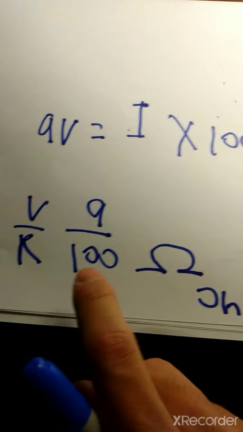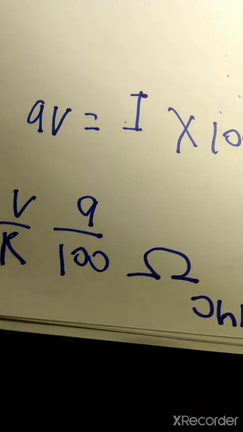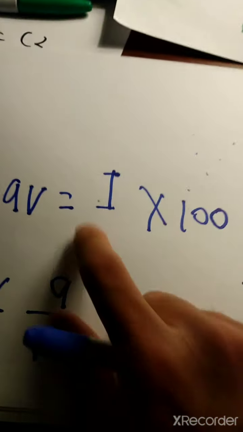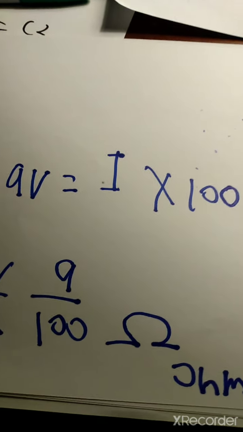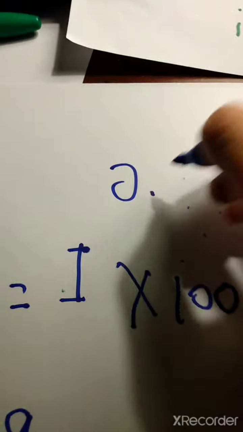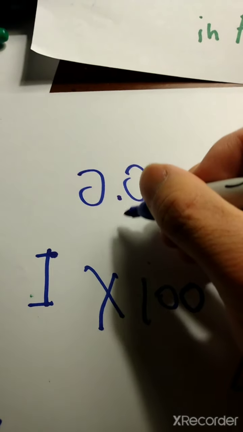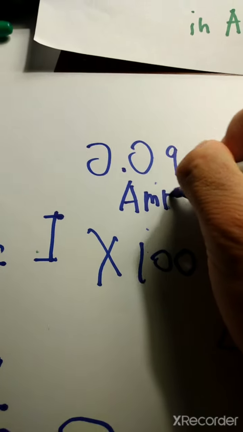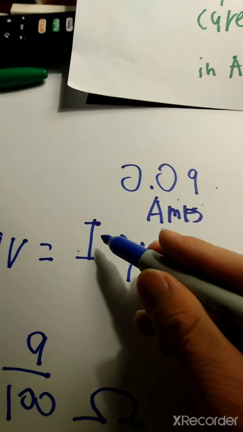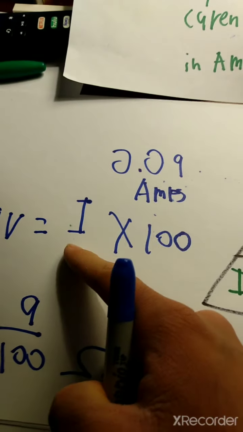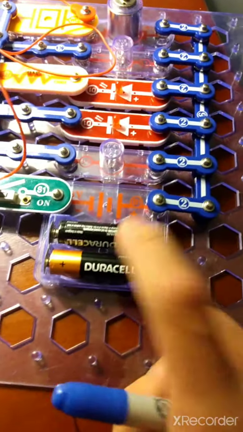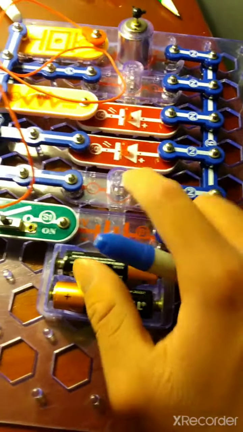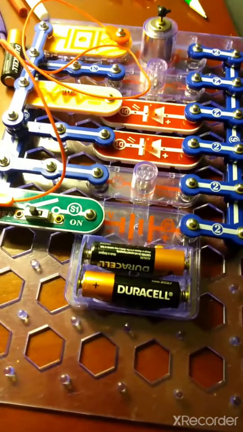So the resistance is 100 ohms. 9 divided by 100, we're finding what the current is. You may need a calculator for this. You will get 0.09 in amps. So that's how much the electric current is making a charge to get from the cells to the load, or the light bulb.